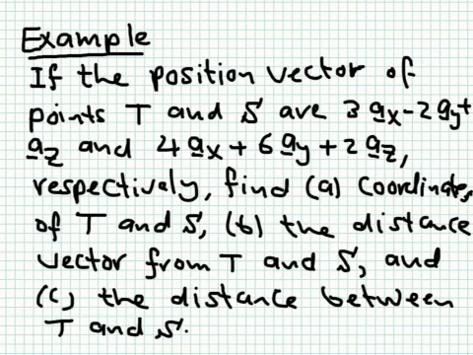So it is 4 minus 3 in the x direction, 6 plus 2 in the y direction, and 2 minus 1 in the z direction. If you want to get the distance between points T and S, distance is the magnitude of the distance vector. So once you have determined the vector pointing from T to S, you get its magnitude, and this will be the distance between both points.